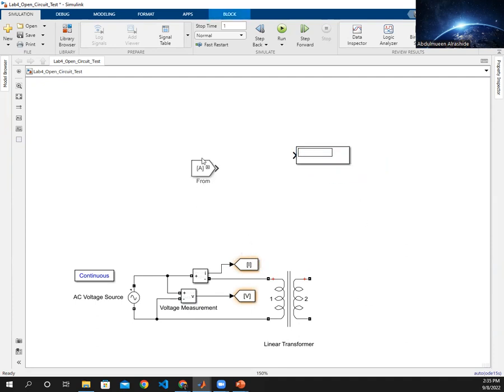I'm going to take the current and voltage measurement.